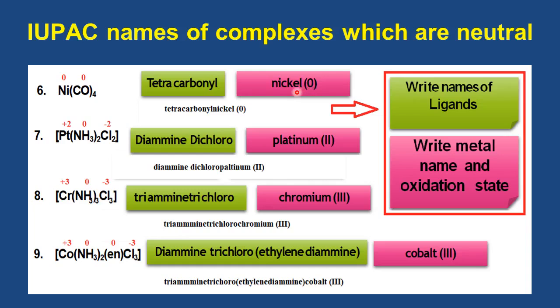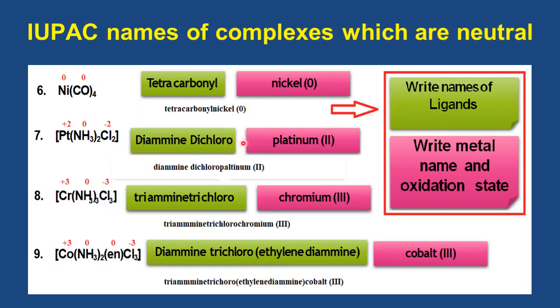Second example is, you can see that it is having platinum as a central metal atom, with ammonia and chlorine atoms as ligands. So the name is going to be diamine dichloro, because we always write the name of the ligands first in the alphabetical order, as amine starts with A and chloro starts with C. And students, you can also see the use of di as a prefix.